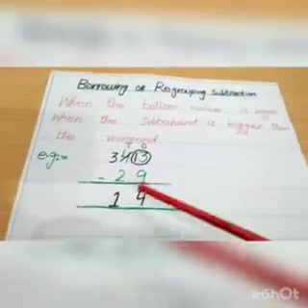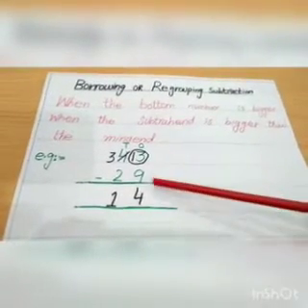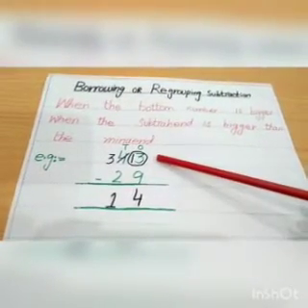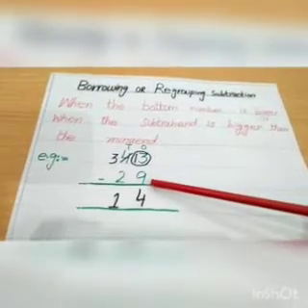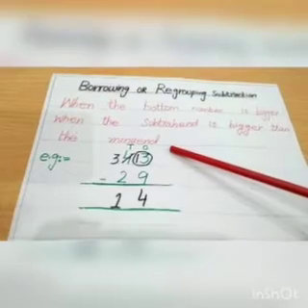For example, the subtrahend in the ones place is bigger than the minuend.